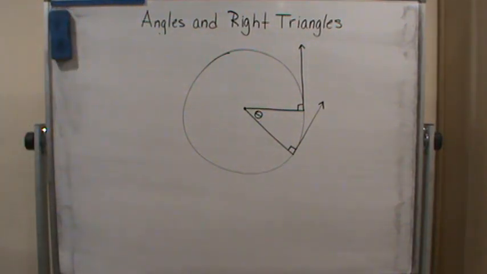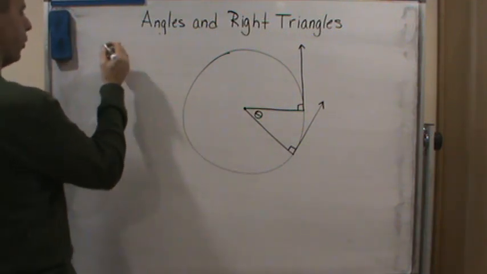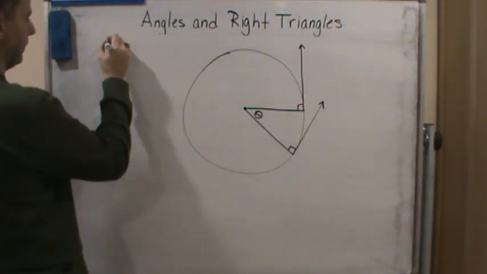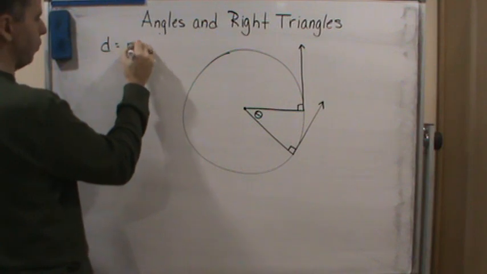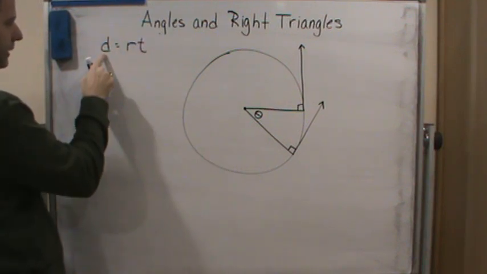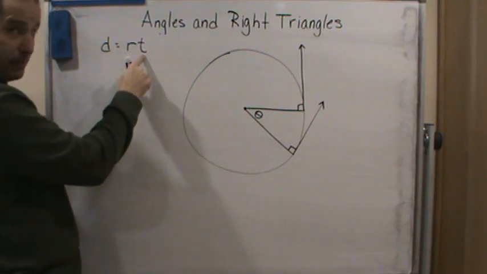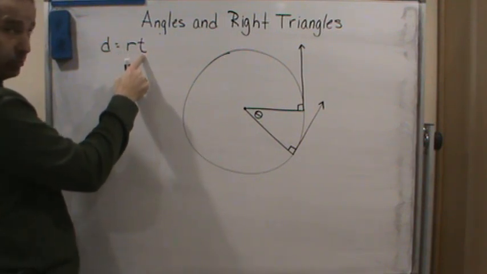Okay, so now, what are the formulas? Well, linear speed is distance over time, right? Think of what we normally deal with when we're dealing with driving cars. We say distance is equal to rate times time, right? Linear distance is equal to how fast you're going on average times the amount of time it's taking you.